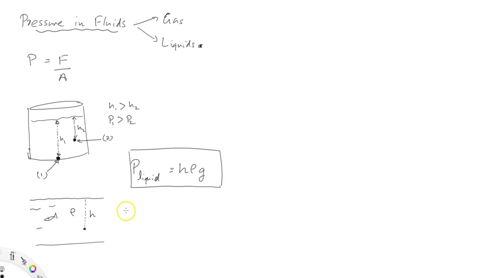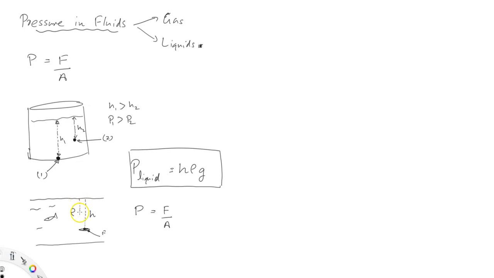Where is this coming from? This equation comes from pressure equals force divided by area. This is the starting point. Mathematically we can show that. Let's say you want to find the pressure at this point, so we take some area like this at that point. Let's say this is area A, and we want to find the force acting on this area.